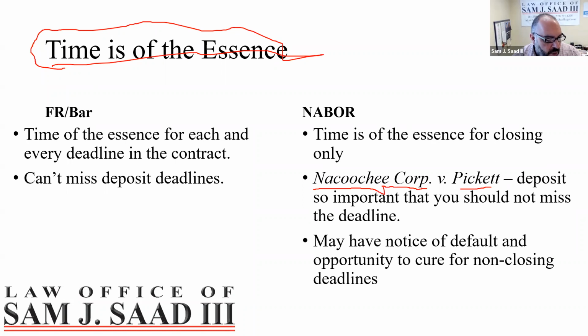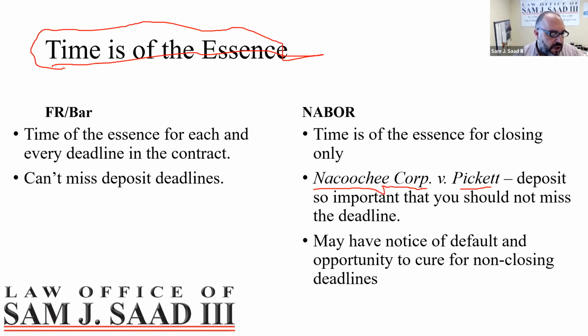And then what happens if the buyer claims they cannot get insurance? Well, the buyer has to use reasonable efforts and diligence in both contracts. And if they don't do that, then they've got a problem. If they do that and they can't get insurance, I will have to check the contract and email you separately about whether they can terminate or not. I don't know off the top of my head the answer to that question.